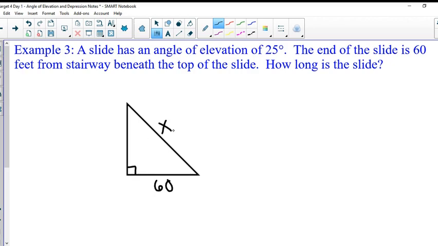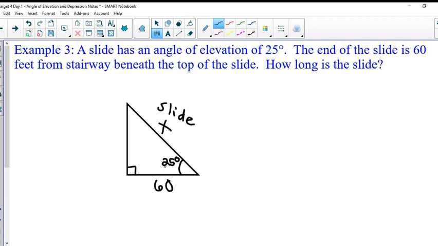That end of the slide is 60 feet away. Last piece of information is the angle of elevation of the slide, 25 degrees. So if this is our slide, the slide is going up. This angle, 25 degrees. Okay, so there's our picture. I can put this over here. Here's our slide, just so we are all on the same page.